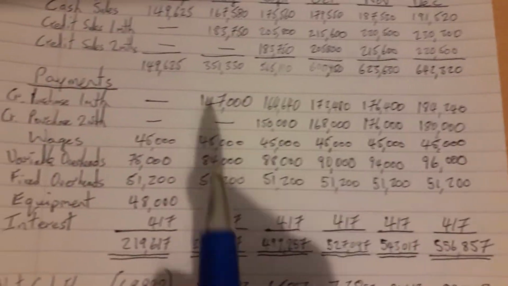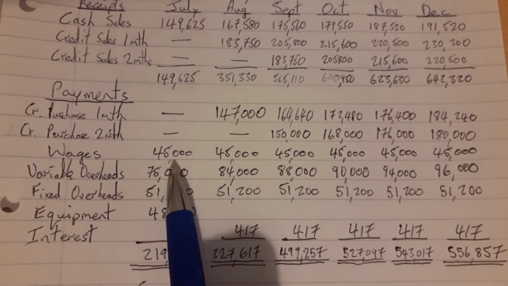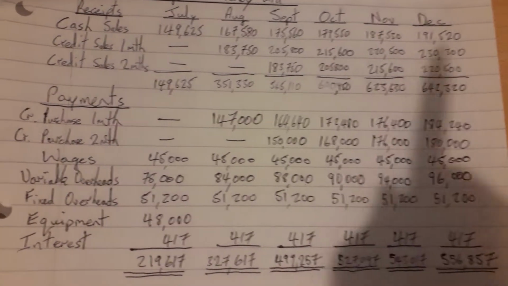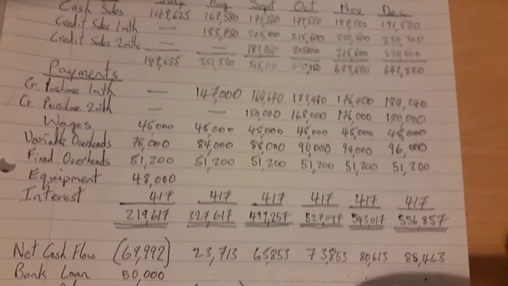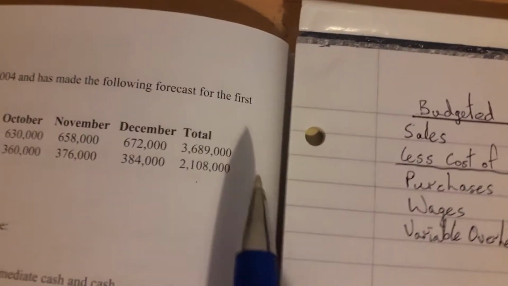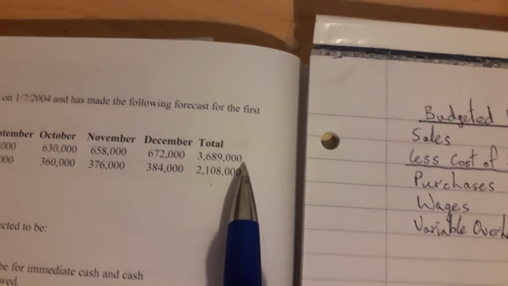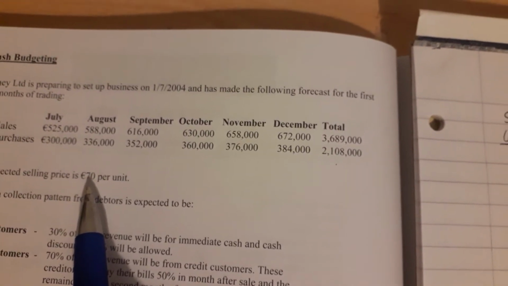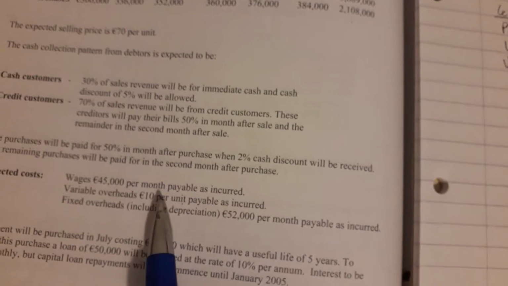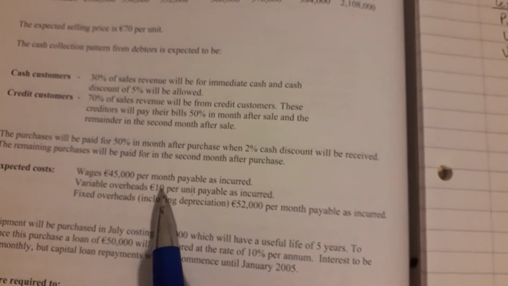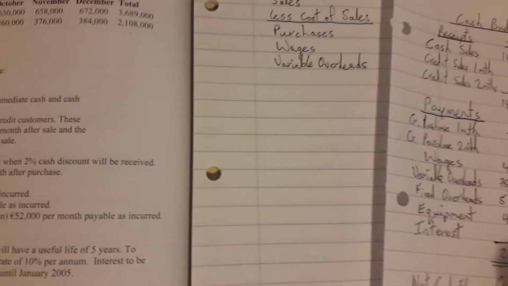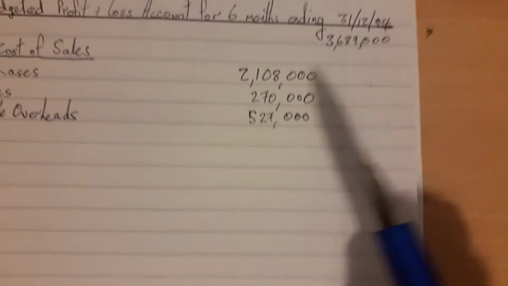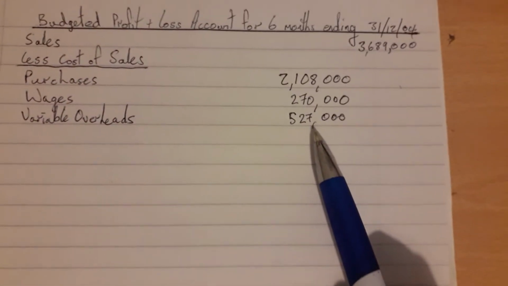You can either add these figures up, this 75,000 plus 84,000 plus 88 plus 90 plus 94 plus 96, or you can take the total sales figure, which was this 3,689,000, you can divide it by 70 euros to work out what the total amount of sales in units was, and then you can multiply that by 10 euros per unit. So you can do it that way, or you can just add up the figures you already have. I'm going to pause now and calculate it. So that came to 527,000 variable overheads.